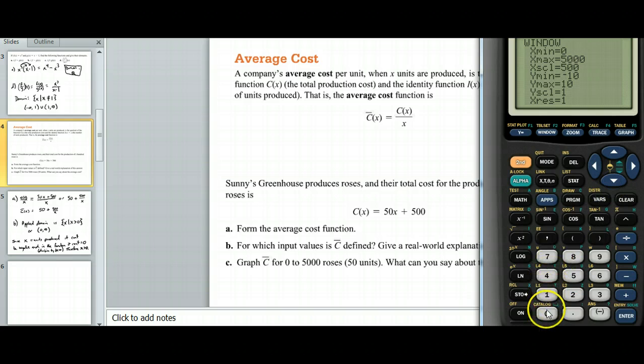Our y minimum, we'll make that 0, and then let's make it go up to, I think we only need about 600. Let's see if that gives us enough. Alright, make that scale 50.